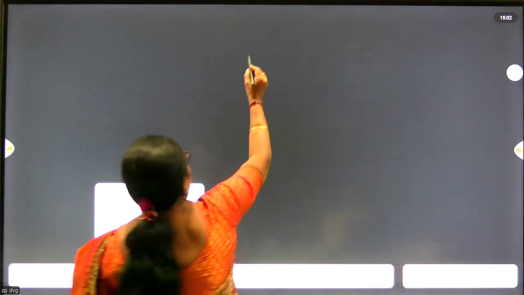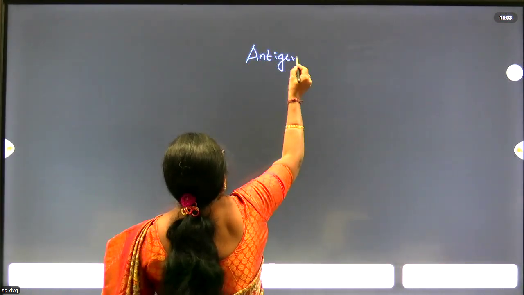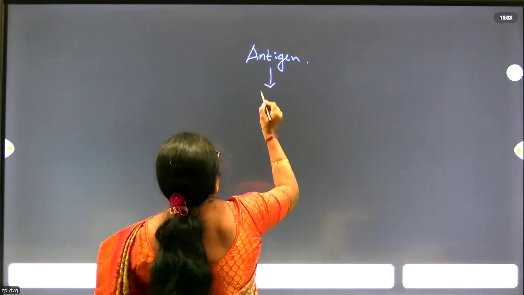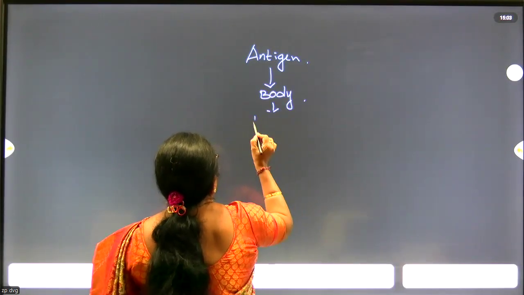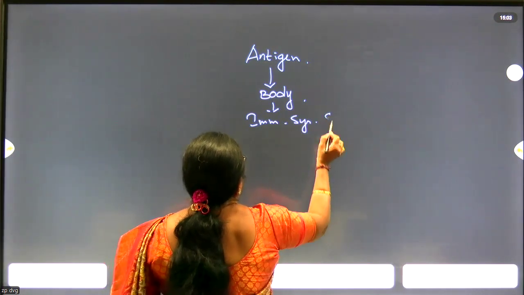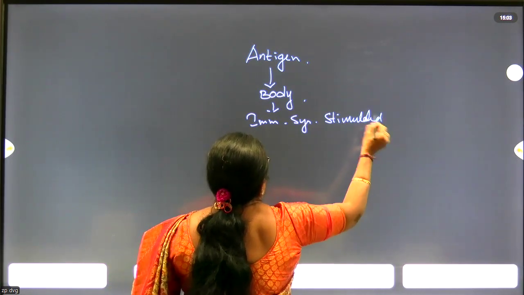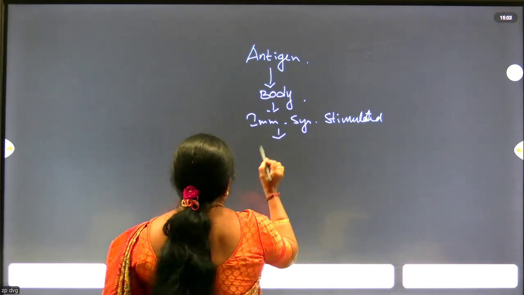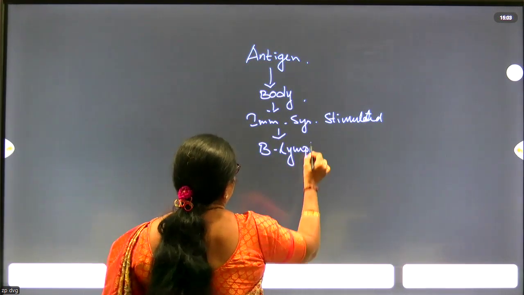Whenever an antigen enters into the body of an organism, the immune system is stimulated. This stimulated immune system is going to produce the B lymphocytes, or B lymphocytes are also stimulated.